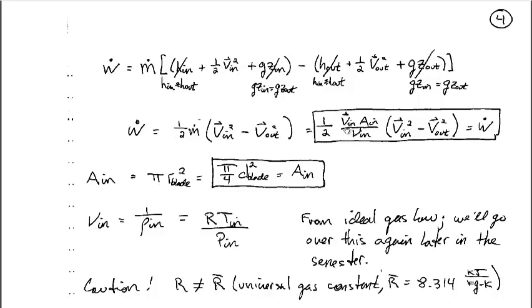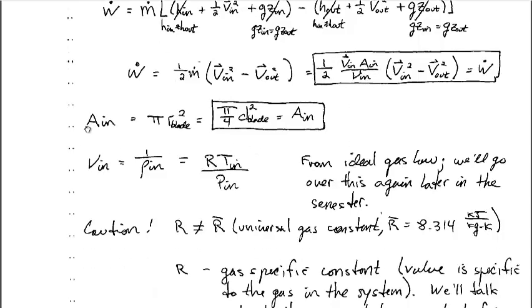Okay, so I mentioned that we would process this equation a little bit further. And in fact, what we really need to do is dissect what we do about this inlet area and this inlet specific volume. So in the case of our inlet area, assuming a circular cross-sectional area, which is a good assumption to make considering that the blades sweep out a circle, that inlet area is just pi r squared, where r, the radius of that circle, is basically the radius of the blades.